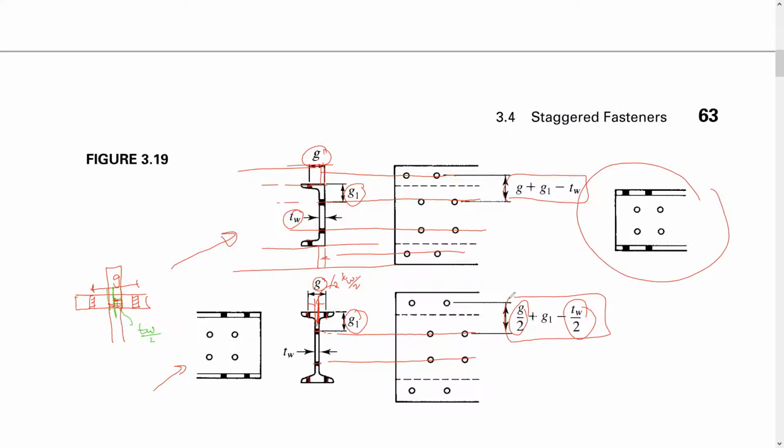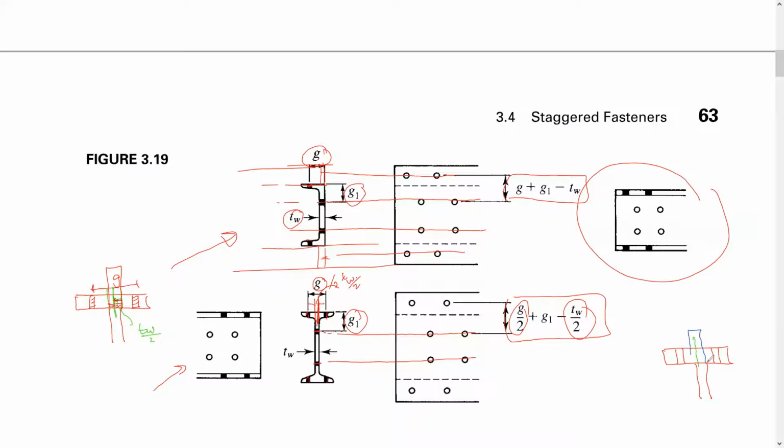Once again, two lines of bolts. Take half of this and unfold it to become like this.